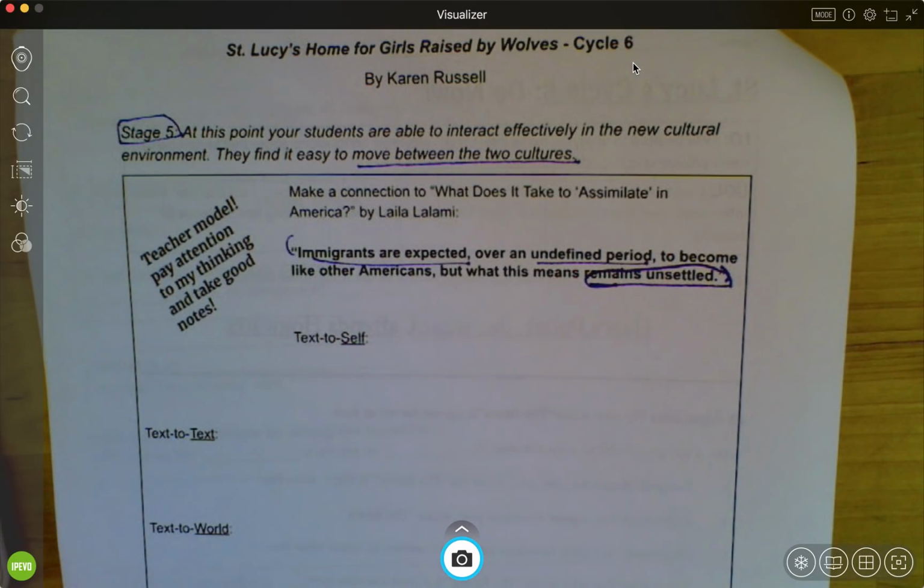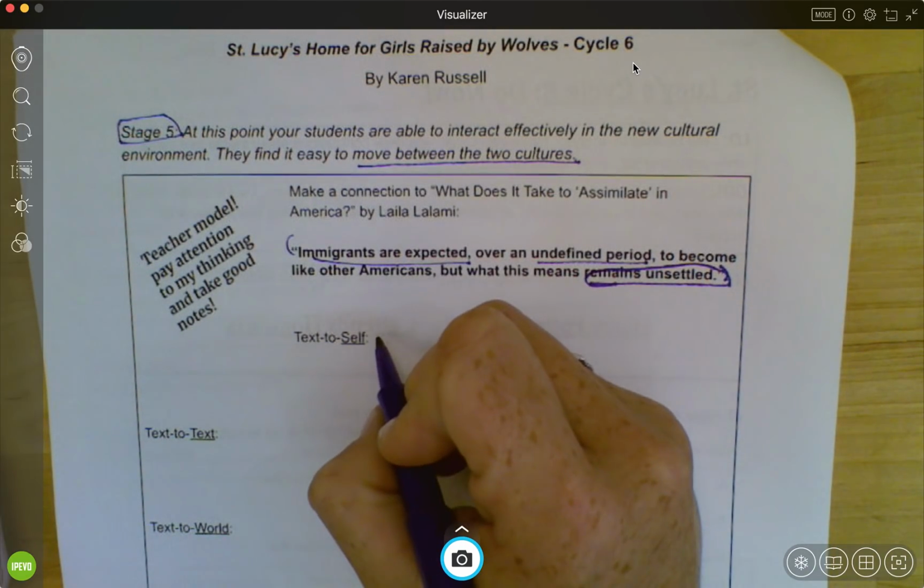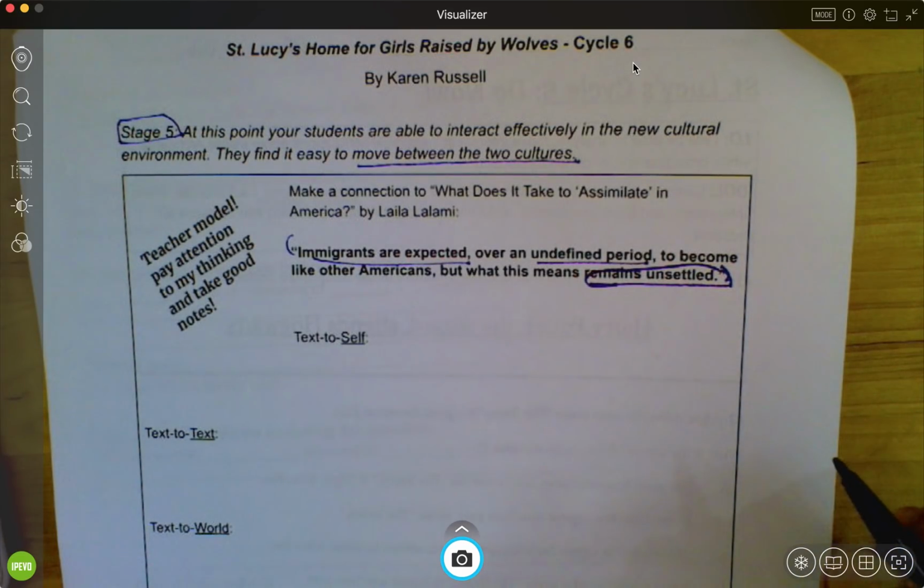So a text-to-self connection for this story for me, and I want you to write down the same thing because this is going to be an example that you can use when reading the rest of St. Lucy's. For me, I moved to Costa Rica and I had to change my language, the way I dressed, and my behavior in order to fit in and be accepted.